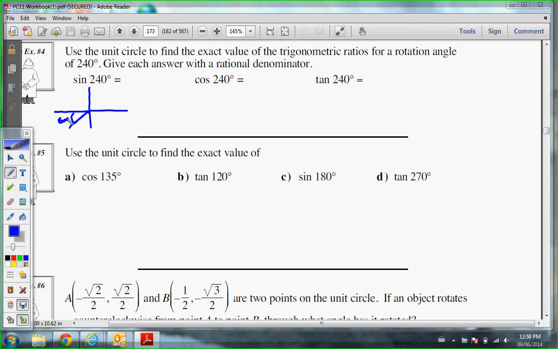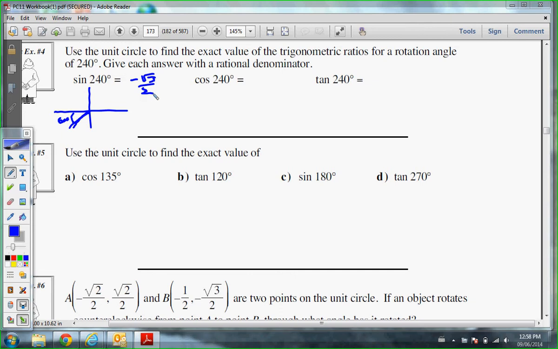Without using the unit circle, if I try to memorize it, it's taller, so it should be negative root 3 over 2. Yeah, that's right. You can look at your unit circle too if you want. We were looking for sine of 240. Look on your unit circle at 240, you'll see negative root 3 over 2.